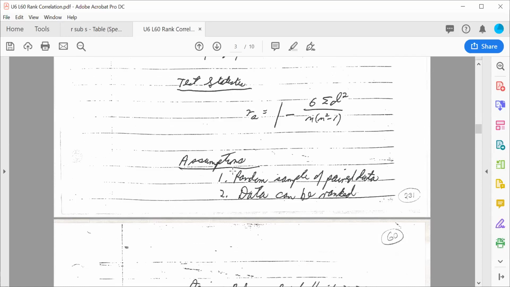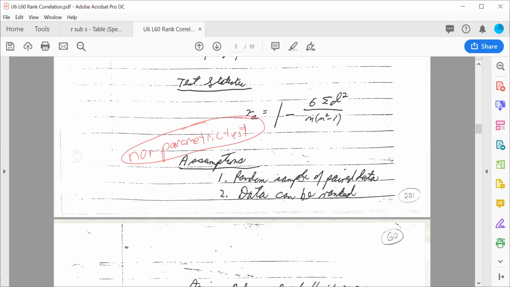Look at the assumptions. Now this is your very first glimpse of something called a non-parametric test, which we are going to talk about in a couple hypothesis tests. What is a non-parametric test? It's a test with fewer assumptions, fewer assertions that need to be met. Look at these assumptions.